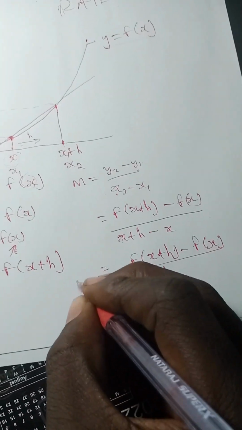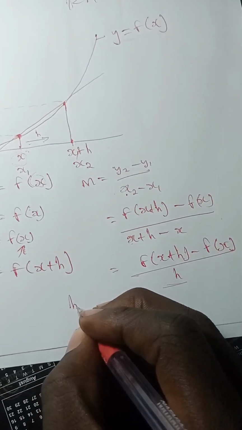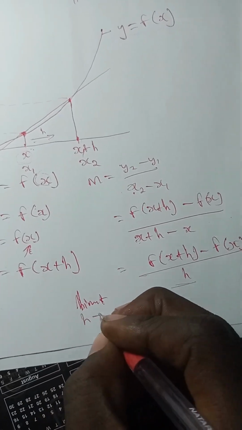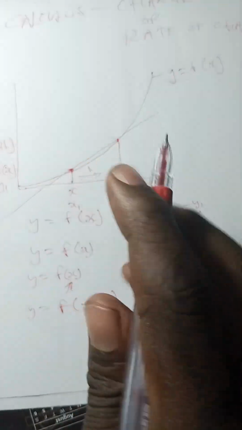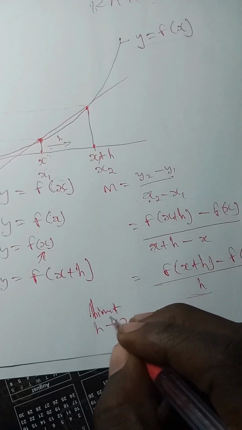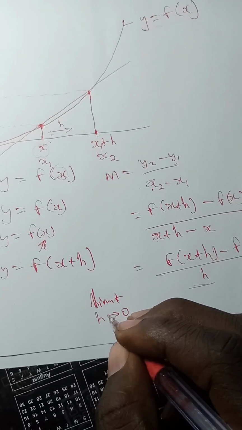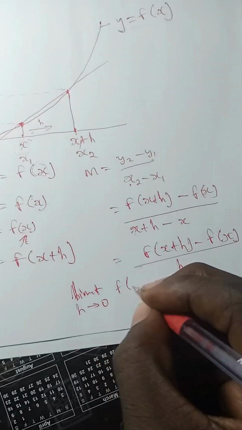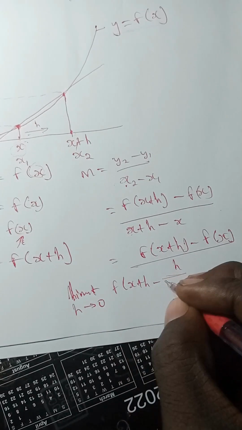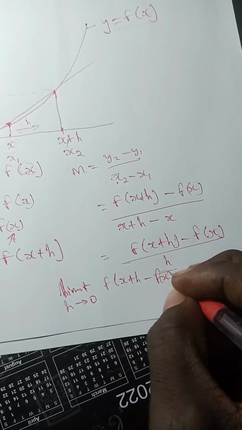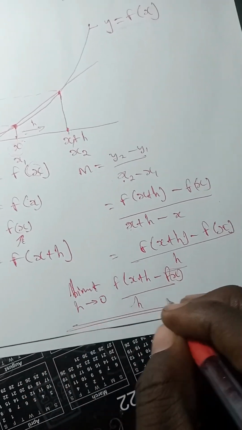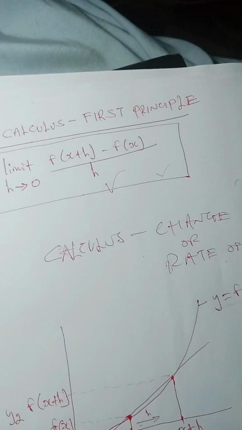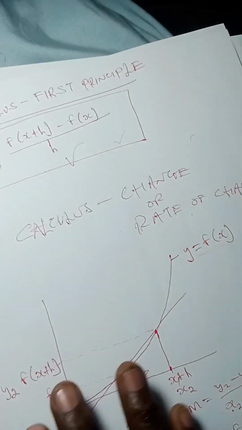So we can finally say, as the limit when h approaches 0, because that's the lowest point, the limit as h tends to 0 of f of x plus h minus f of x over h, and that's how we arrive at the formula here. So I hope we've gotten the concept. Thank you.